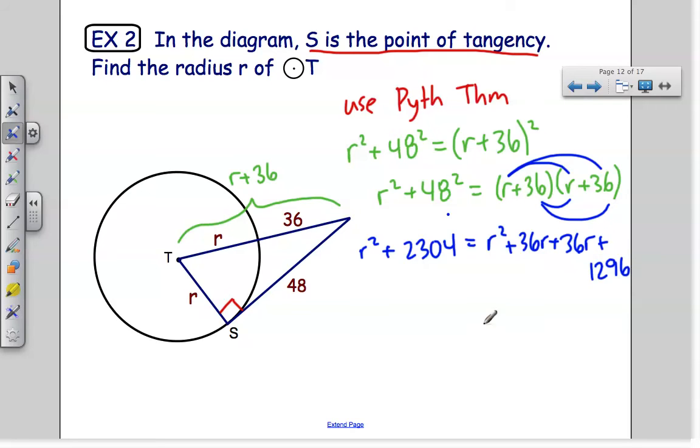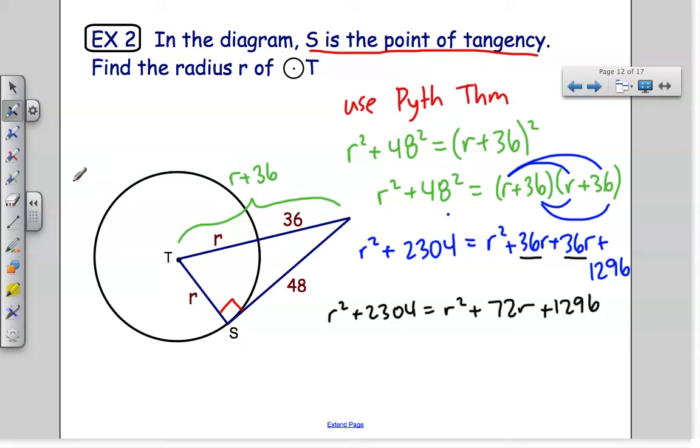Sorry, I'm running out of room there. And on this side I should combine like terms. I have R squared plus 2,304 equals R squared plus 72R, right? That would be 36 times 2. And then plus my 1,296.